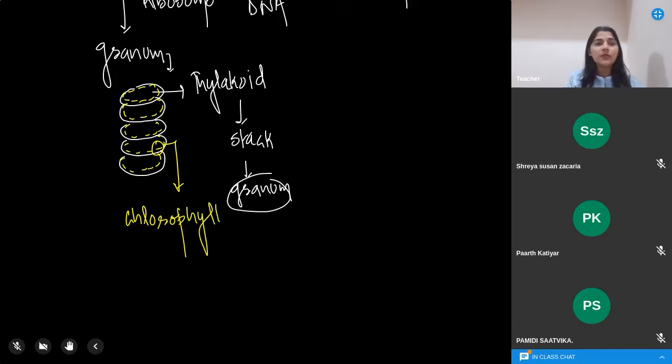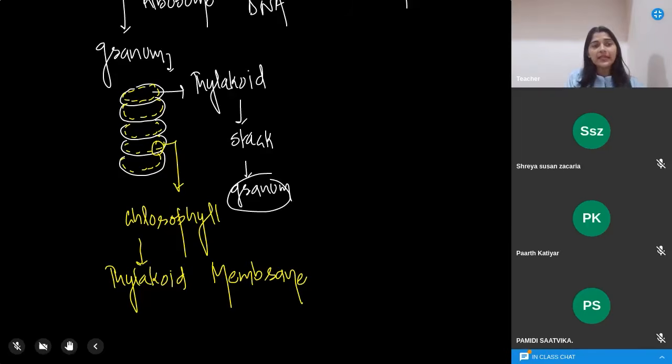If someone asks you where chlorophyll is present in a leaf, what are you going to tell? It is found in the thylakoid membrane. Chlorophyll is found in the thylakoid membrane. Specifically, you have to mention this. Very good. Now you all got it.